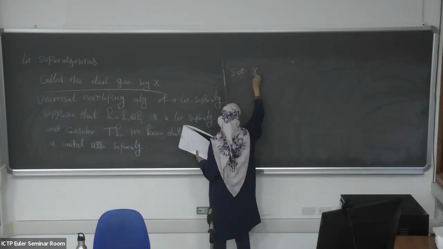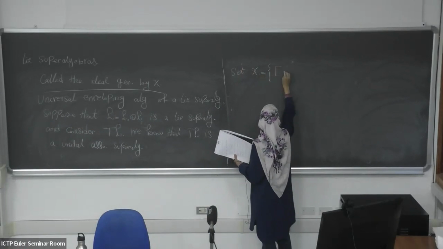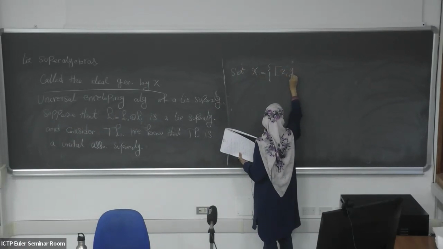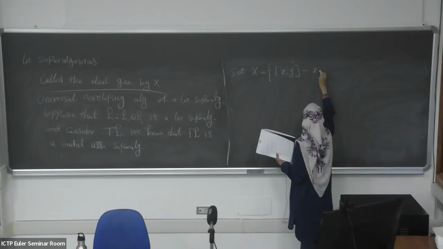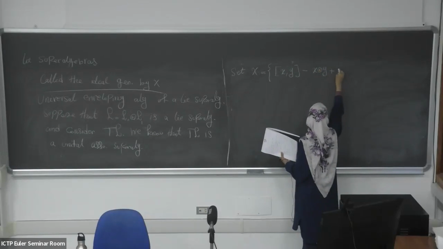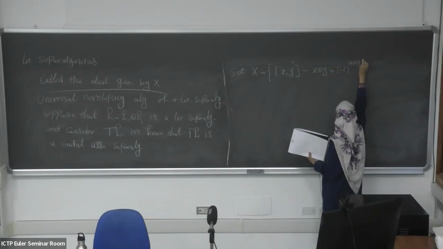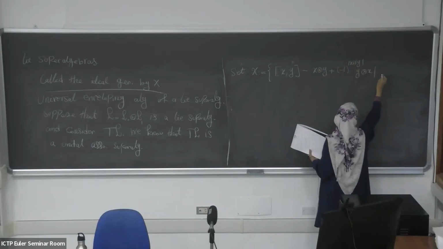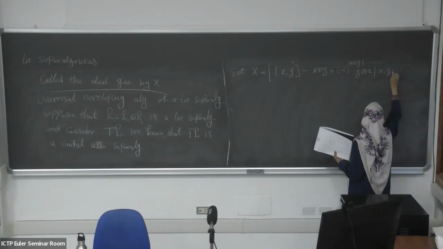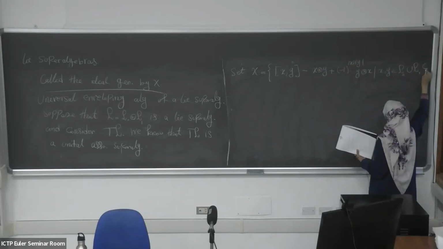Set X to be all elements like this: the bracket of x, y, minus x tensor y plus (-1)^(degree x times degree y) y tensor x, when x, y are elements of L0 union L1.